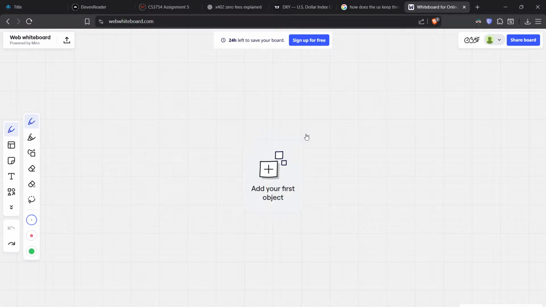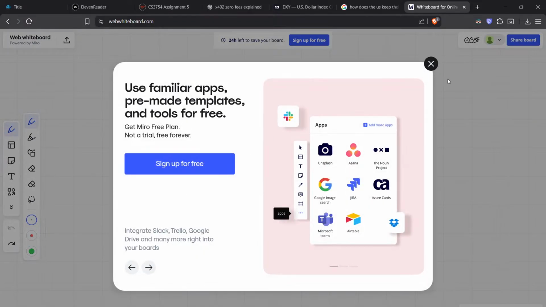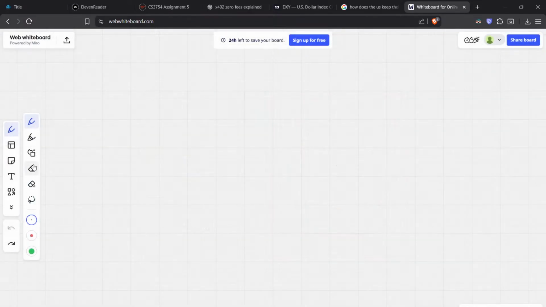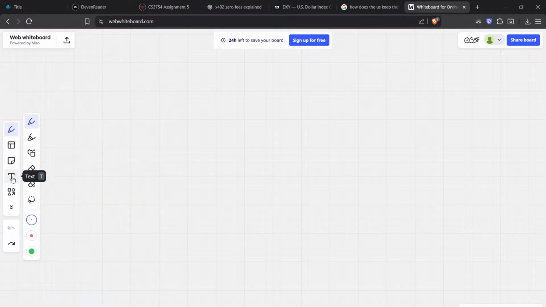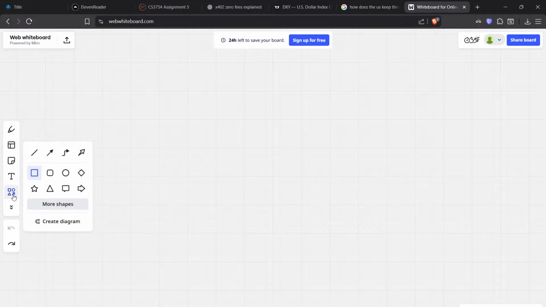Okay, so let's close this. Can I make this black? Is there any way to get more tools? Clipboard, lasso, pointer, templates. I don't really care about this. Maybe it's called the whiteboard for that reason. I guess it's okay.